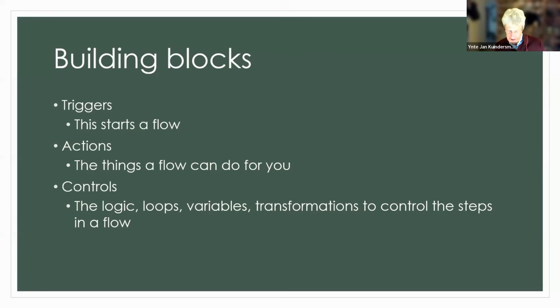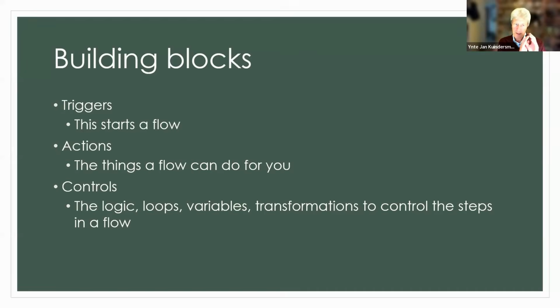And Power Automate is called a no-code, or well, at least a low-code development environment. So there will also be things like loops, like for each, or if then, or conditions, etc. And you could call them controls. Yeah. So there's a lot of controls in Power Automate. You could even use variables and transformations like create JSON table, create CSV table, create HTML table. It's all already in there.